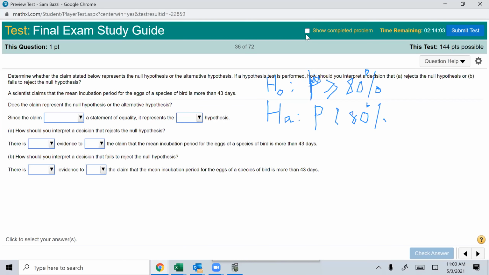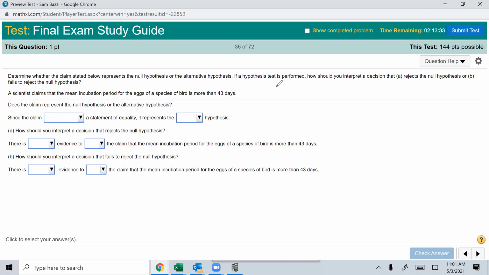Okay, let me clear. Determine whether the claim stated below represents the null or the alternative hypothesis. If a hypothesis test is performed, how should you interpret the decision that rejects the null hypothesis or fails to reject the null hypothesis? A scientist claimed that the mean incubation period for the eggs of a species of bird is more than 43 days. Okay, guys, do you agree with me that the claim is in the alternative?